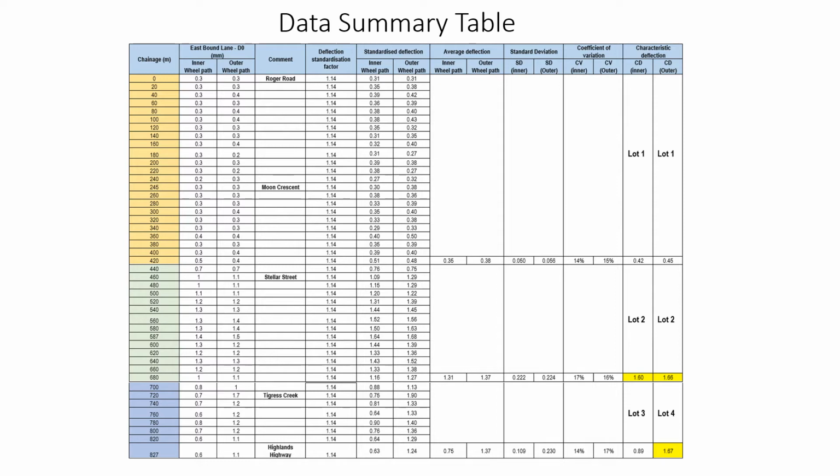Then the characteristic deflection for each lot is calculated, and we understand that on lot 2 and lot 4 the CD is more than the design deflection. The characteristic deflection is equal to the average deflection plus a factor F times the standard deviation SD.